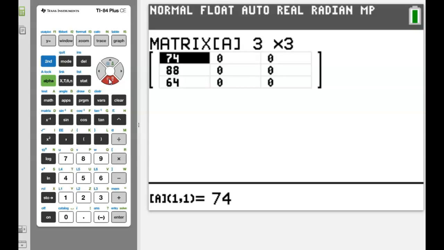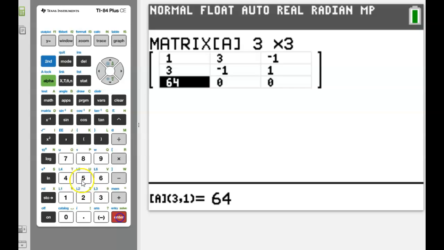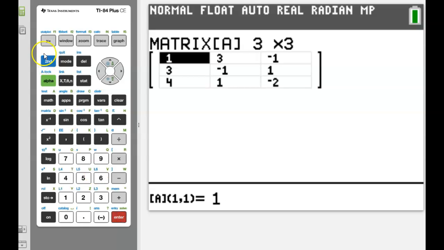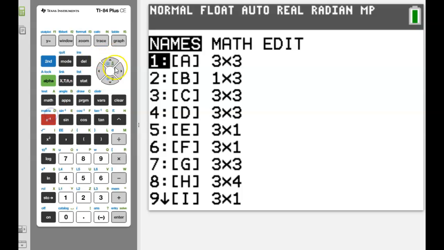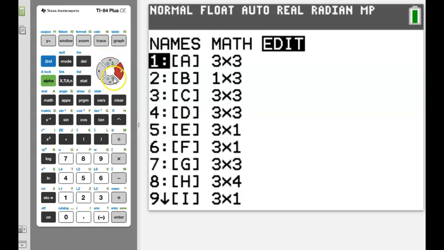All right, can anybody tell me what it was? 1, 3, negative 1, 1, 4, 1, negative. Did I get it right, guys? And then I have to go in and edit matrix B. And what size is matrix B going to be?